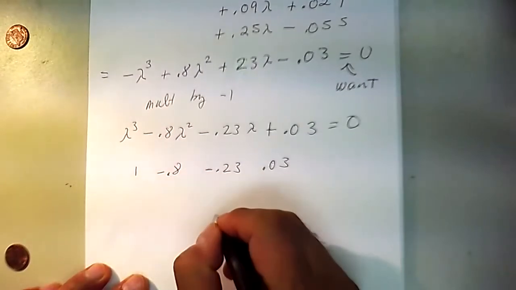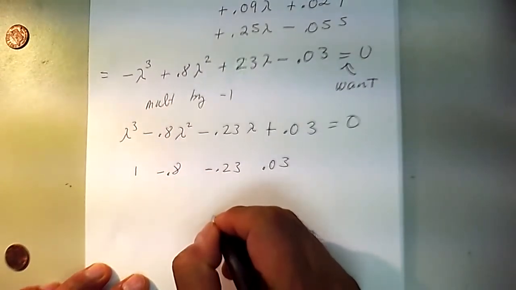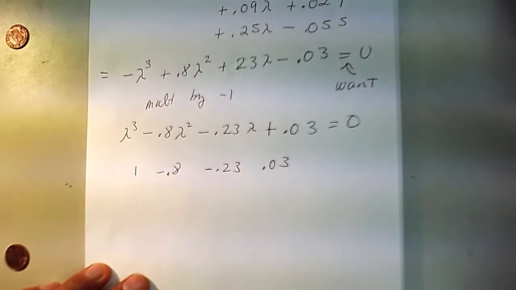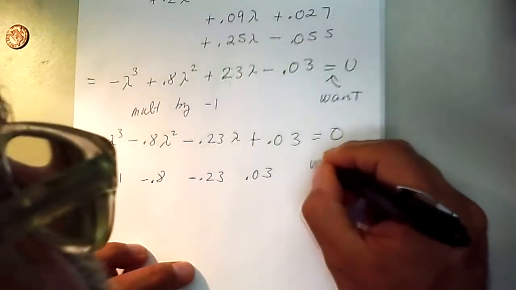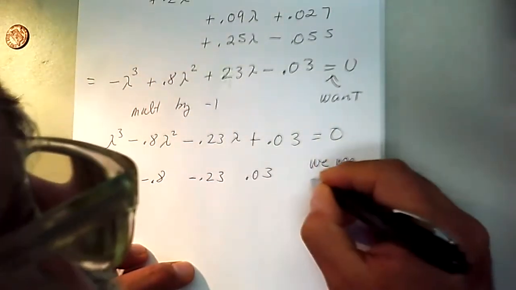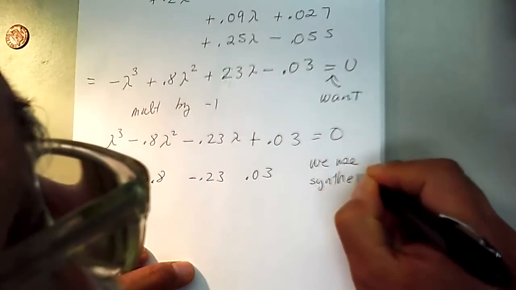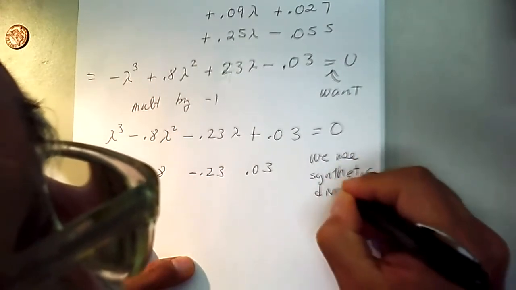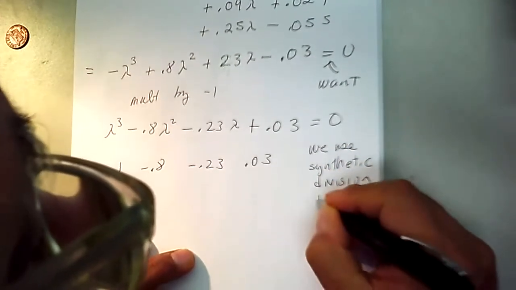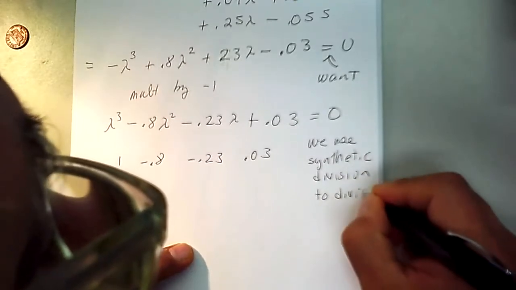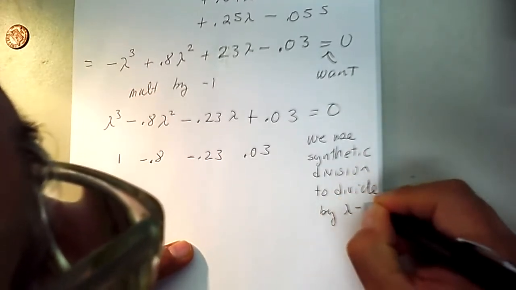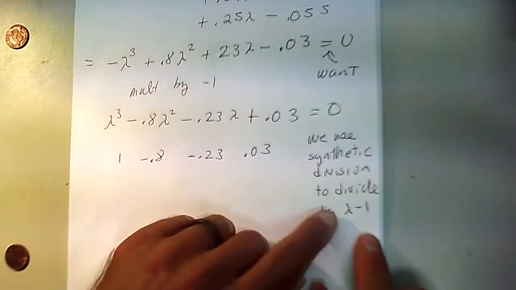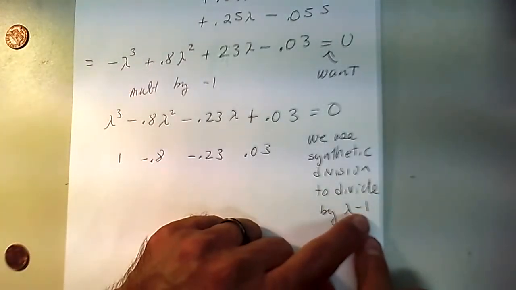And we are dividing by lambda minus 1, so we use synthetic division to divide by lambda minus 1, because again, 1 is always a solution of the polynomial.